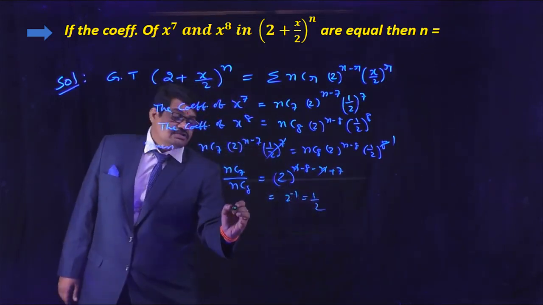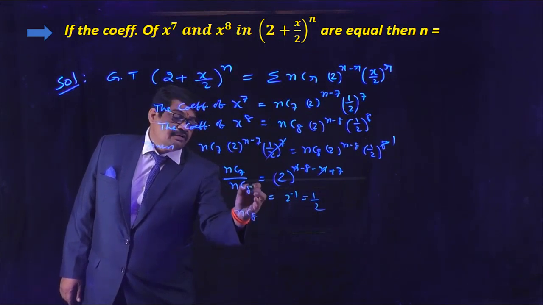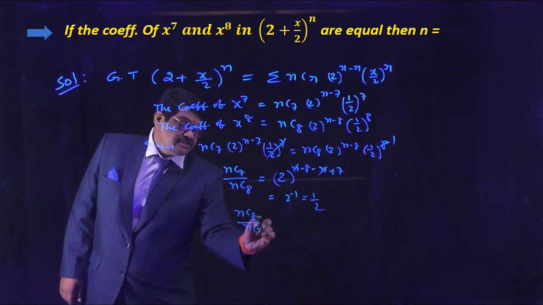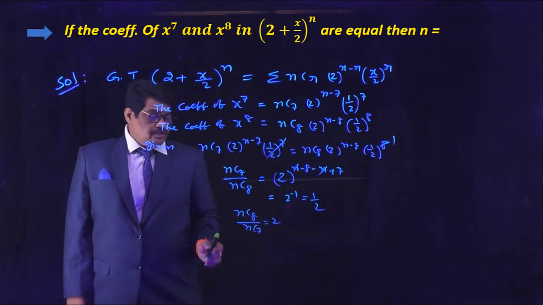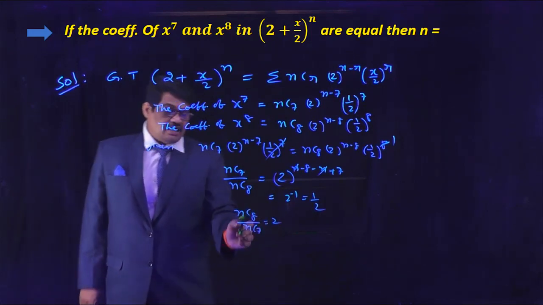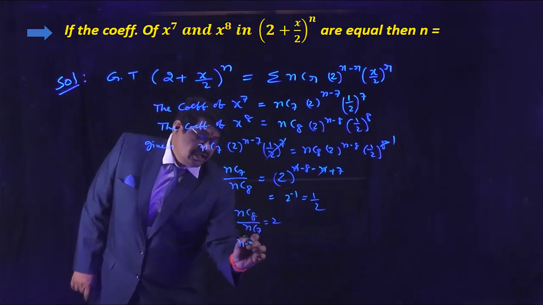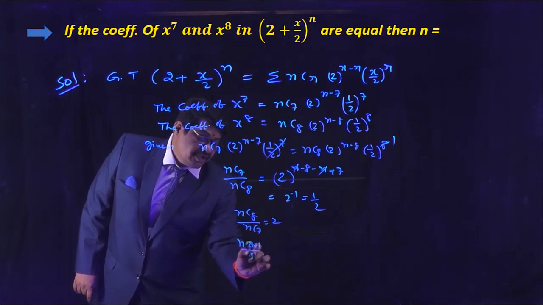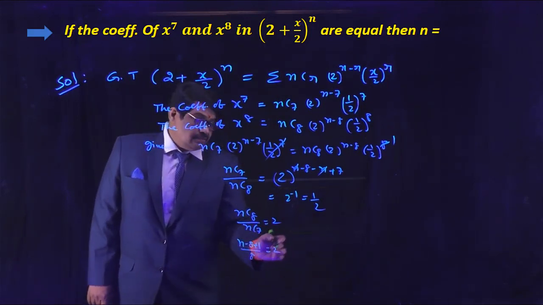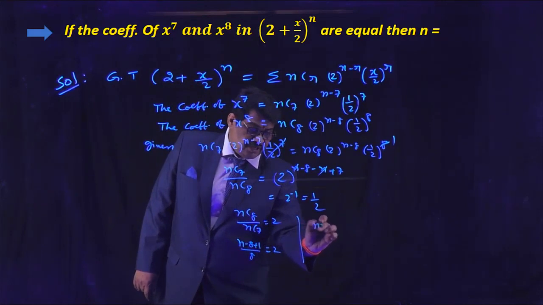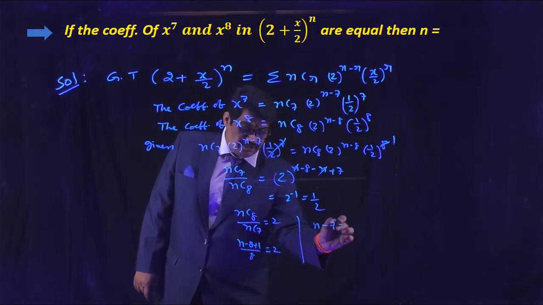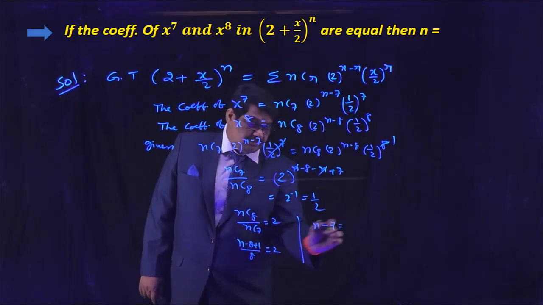Now we are transposing: nC8 by nC7 is equal to 2. So here, nCr by nC(r minus 1), using that formula, (n minus 8 plus 1) by 8 is equal to 2. From that we are getting n minus 7 is equal to 2 into 8, 16.